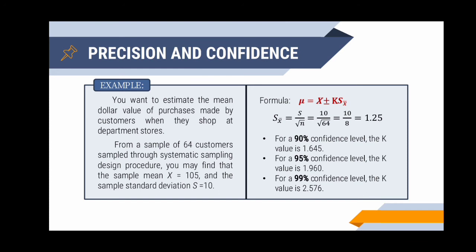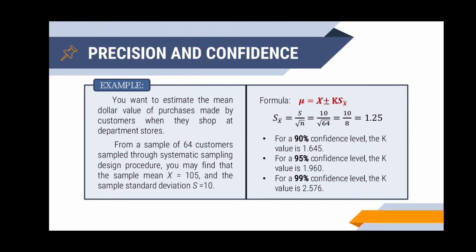Now, anong gagawin natin doon sa 1.25? Imumultiply natin siya sa statistics in which, in this case, t-table yung gagamitin natin since population standard deviation is unknown, even though yung sample size natin is greater than 30. In fact nga, 64 yung mga nakalagay dyan.